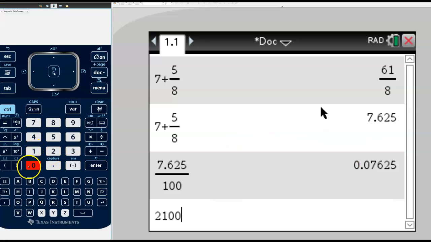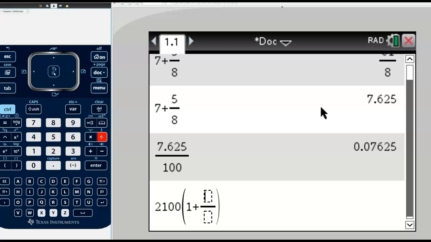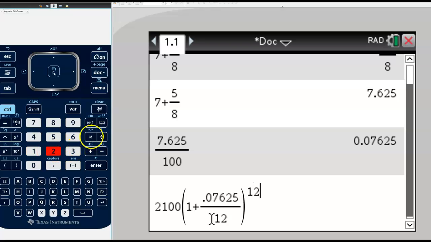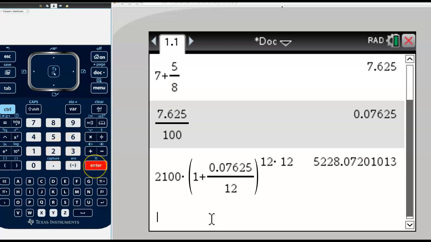So it's 2100 parentheses 1 plus, control division, 0.07625 over 12. Let's go out of the parentheses, caret 12 times 12, and we're going to write this number down to lots of decimal places.